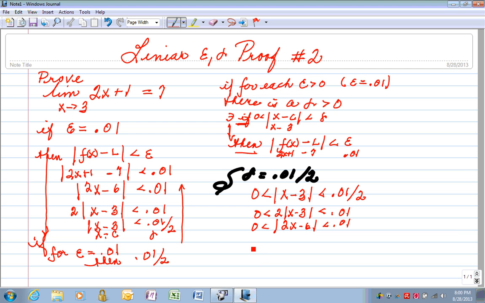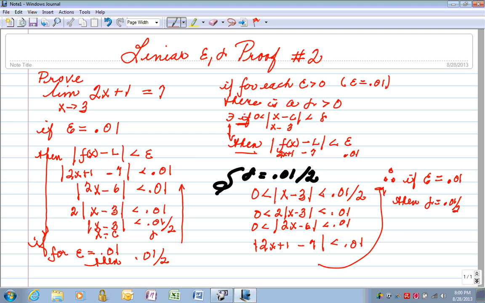There's all kind of ways of writing the number 6. I'm going to drop the 0. I'm going to rewrite it as plus 1 minus 7. And I'm going to say, therefore, I'm coming up and finishing it up here. Therefore, if epsilon is equaling 0.01 in this problem, then delta is equal to 0.01 over 2.